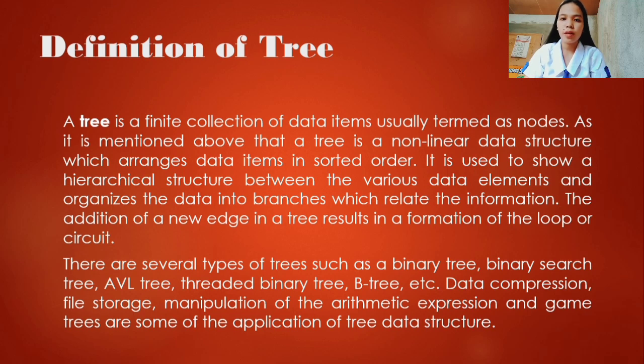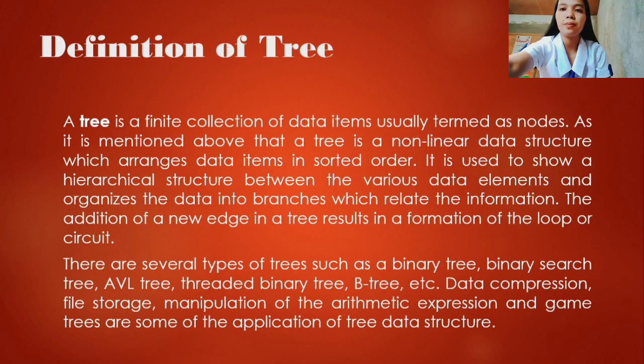The addition of a new edge in a tree results in the formation of a loop or circuit. There are several types of trees, such as binary tree, binary search tree, AVL tree, threaded binary tree, B tree, and etc. Data compression, file storage, manipulation of arithmetic expressions, and game trees are some of the applications of tree data structure.